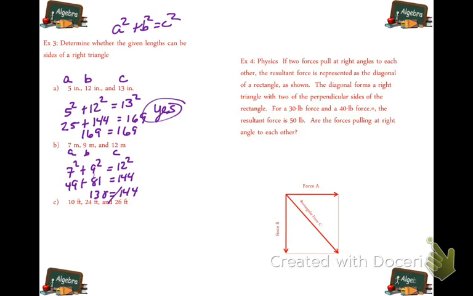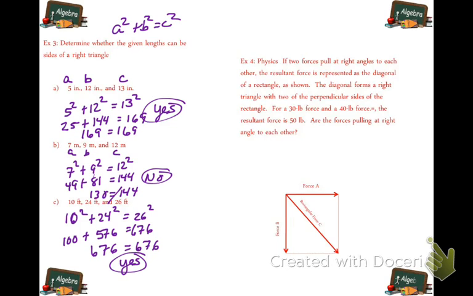Well, no, it doesn't. So that would be no. Try 10 on your own. I'm going to put it on pause. I want you to try 10 by yourself and see if you get it correct. So I did the problem and it came out to be 676 equals 676. So yes, it is.